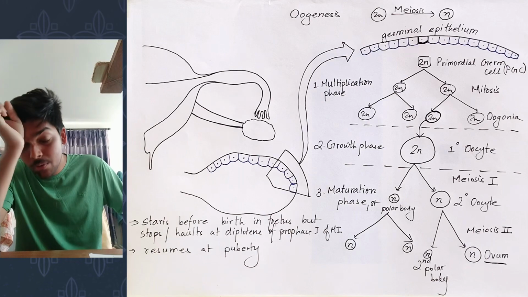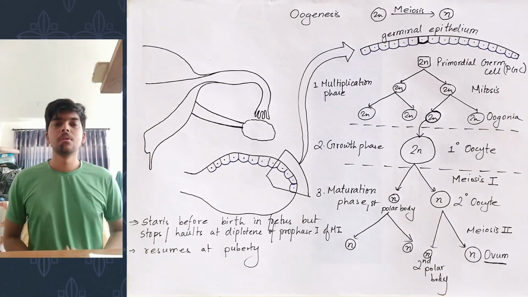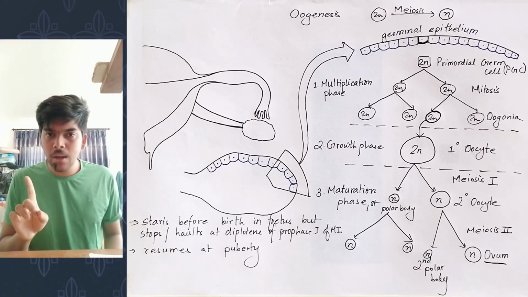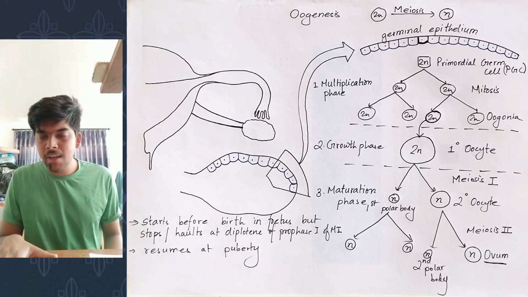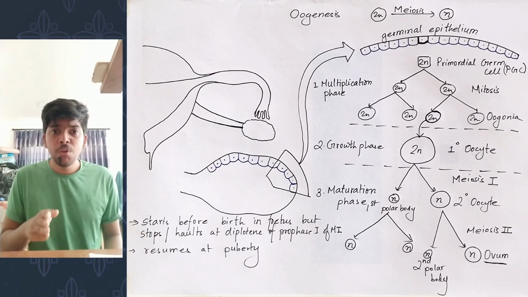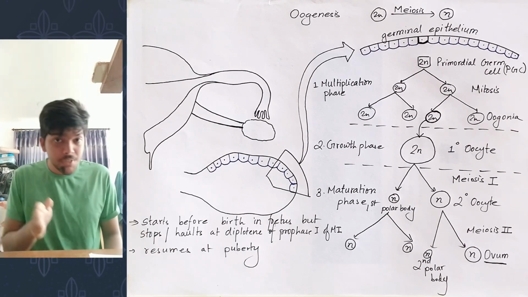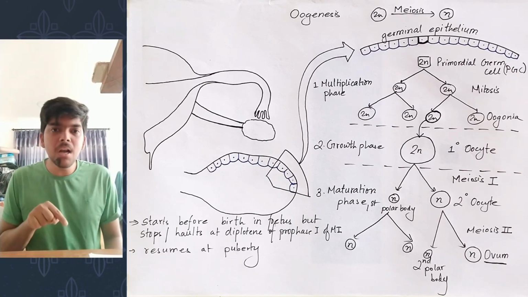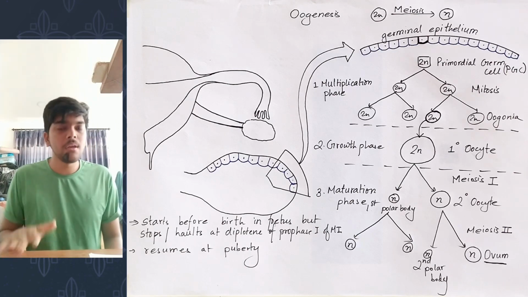Okay, I'm gonna explain it once more. So you are playing an offline game, not an online game. As you are playing the offline game, your mom calls you to have dinner. What do you do? You pause the offline game, go have dinner, return back, and resume playing the game. Similarly, in the girl fetus as well, the game is going on.